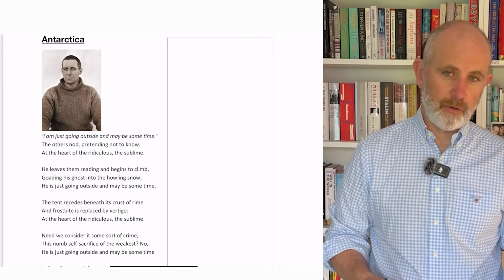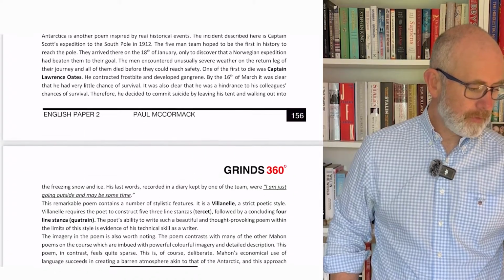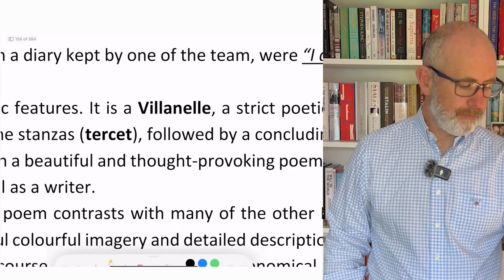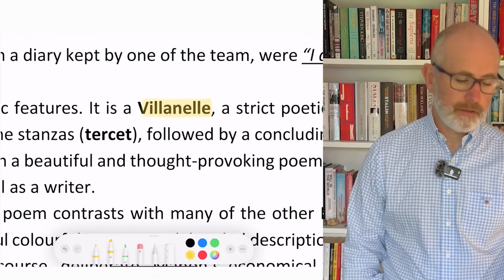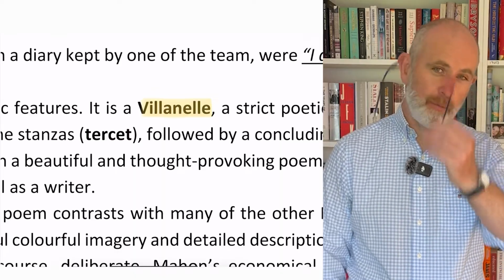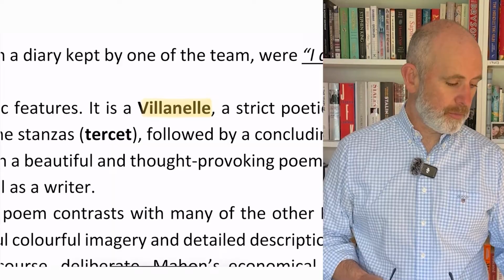You'll see it in the notes. It's what's called a villanelle. That means the poem follows very strict rules, much as you might be familiar with what a sonnet is. A sonnet has rules of how it should be written.